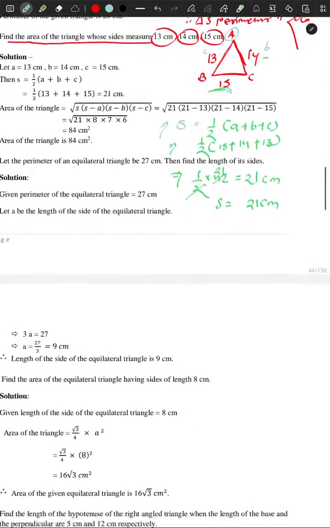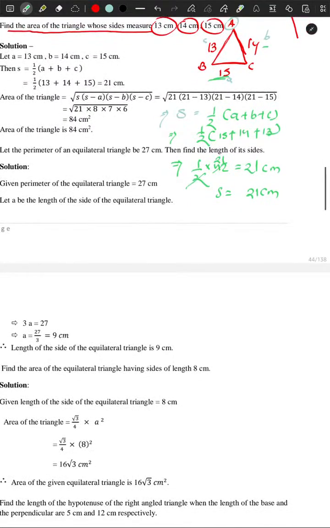Then we can easily figure out the triangle's area by this formula: root of s into s minus a into s minus b into s minus c.